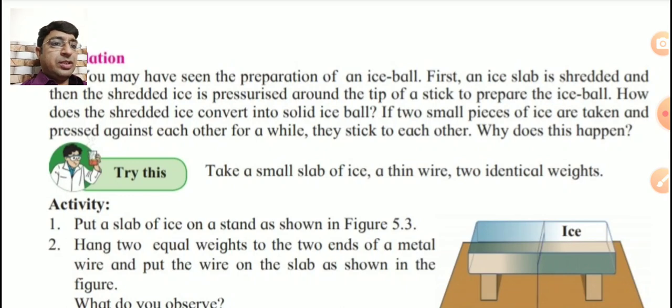A similar question is given here. If two small pieces of ice are taken and pressed against each other for a while, they stick to each other. Why does this happen? So we revise the answer of this question on one separate paper.